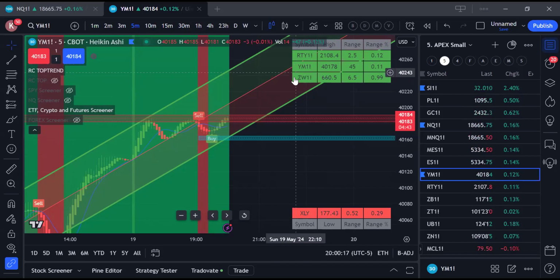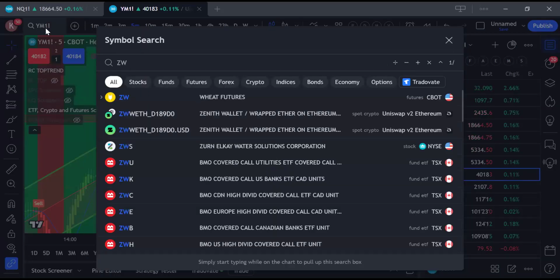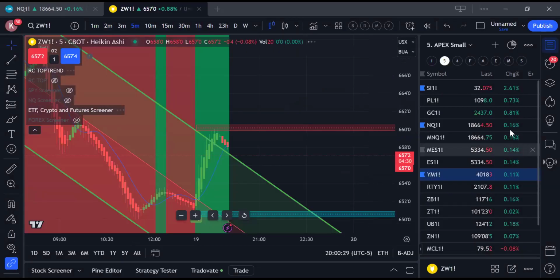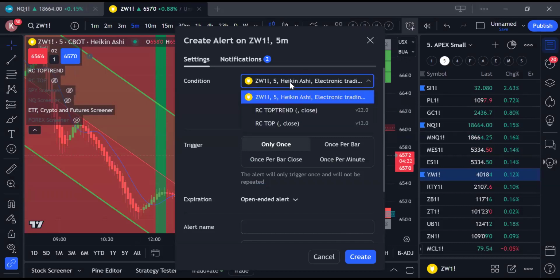But now ZW1 is a good ticker for us to go short. We can just wait. I can go to ZW, and we can add an alert here so that we won't miss it.